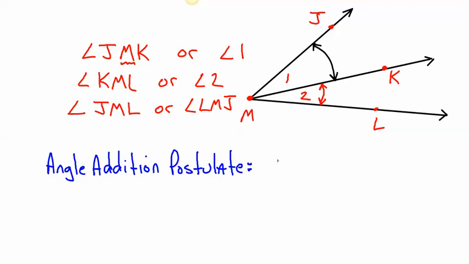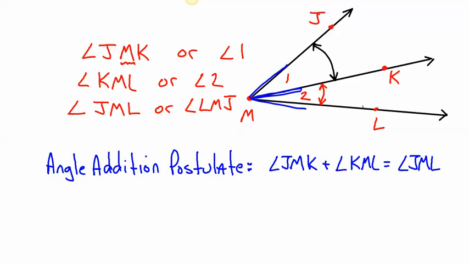In this case, it means angle JMK plus angle KML is going to be equal to angle JML. The smaller angle up here plus the smaller angle right here equal this big angle right there.